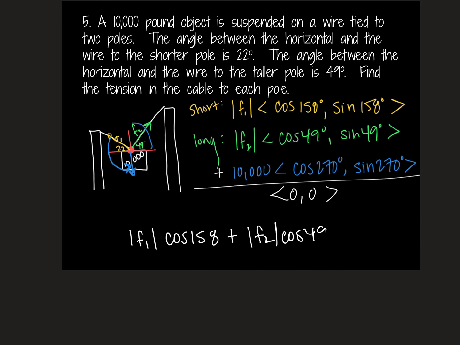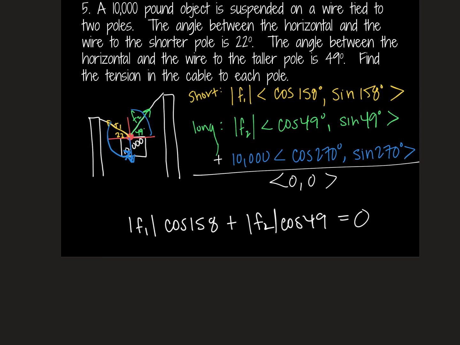So this one becomes equal to 0, because there's no horizontal component to weight. That's horizontal, and then vertical. We do have a vertical component though. Sine of 270 is just -1, so I'm going to use -10,000 for that when I write it out.